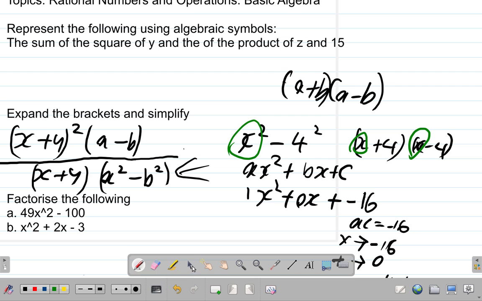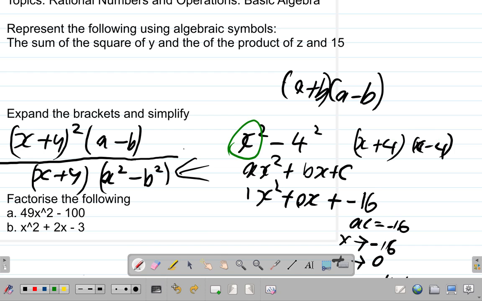It is x that you square to get x squared. You cannot write this as x squared and this as x squared, because you're going to have to multiply them, and that will give you x to the 4th. So when you multiply them out, you're going to get x squared, right? Which is this. In the right hand corner of each bracket, you get 4. This 4 times this 4 gives you the 4 squared. Alright?